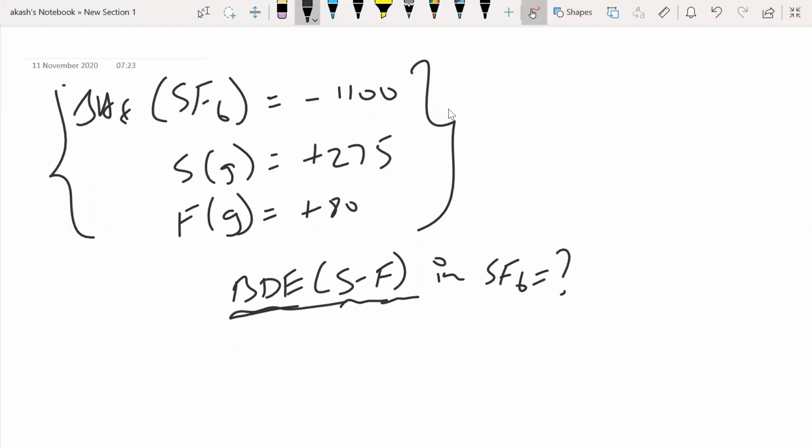Sir, it's the delta SF. No, I think you're not getting the question. Just tell me the reaction. How will you write the reaction for bond enthalpy of SF6? What we have to do in bond enthalpy, which is also called enthalpy of atomization, isn't it?